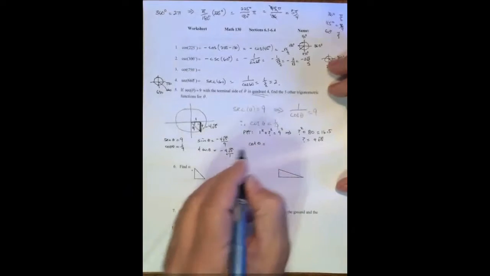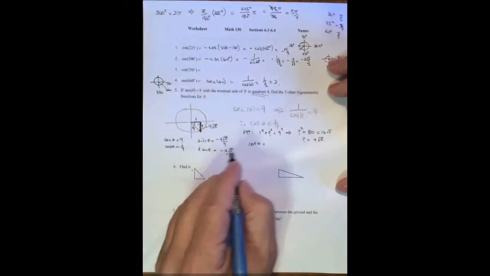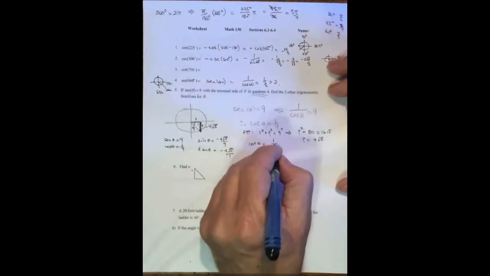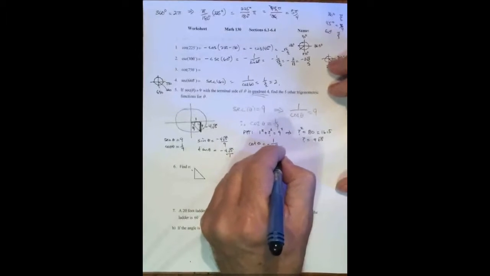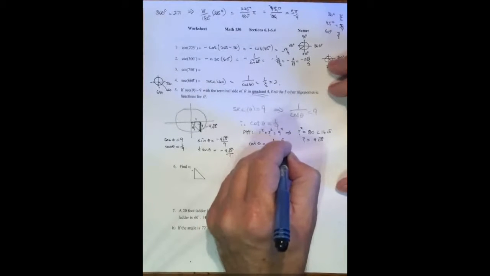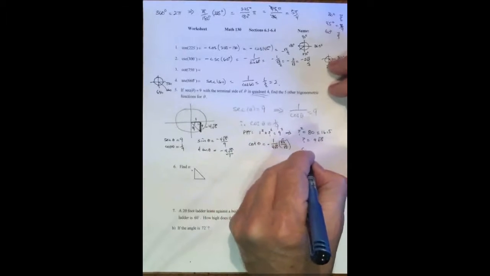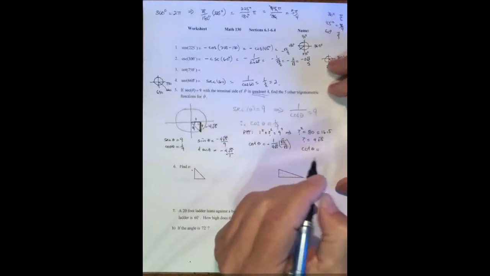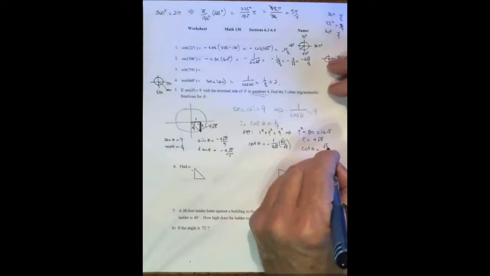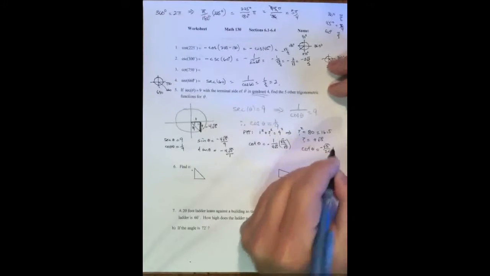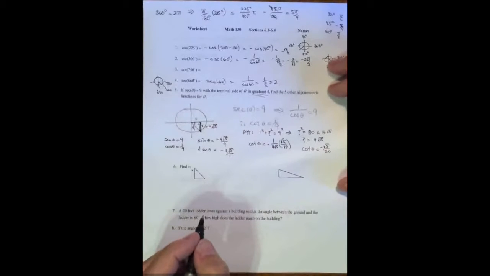Cotangent. See, once I get this, to get the cotangent, I take the reciprocal, negative 1 over 4 square root of 5. So we rationalize this thing, and we get that the cotangent of the angle is going to be negative square root of 5 over 20. And is that it?